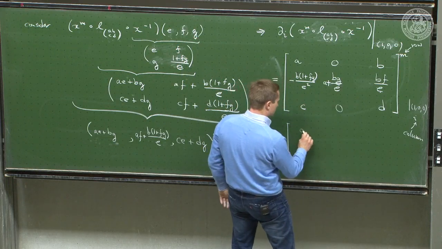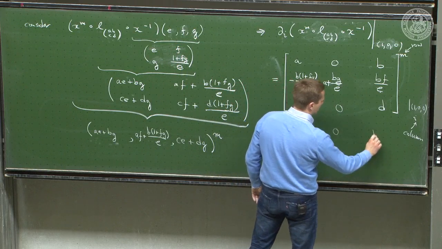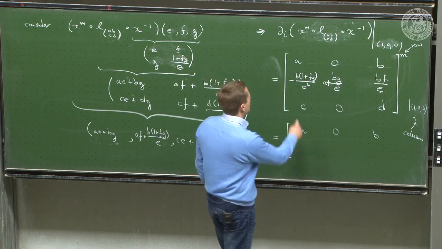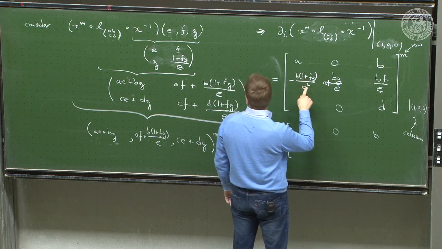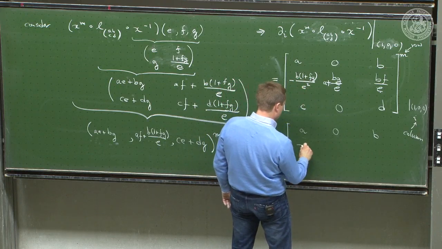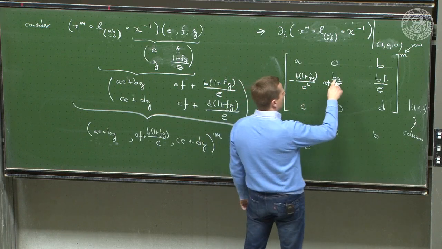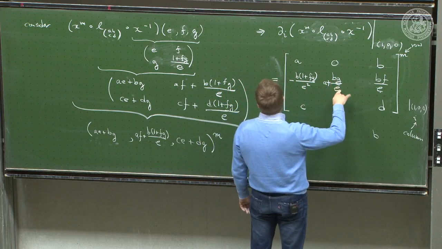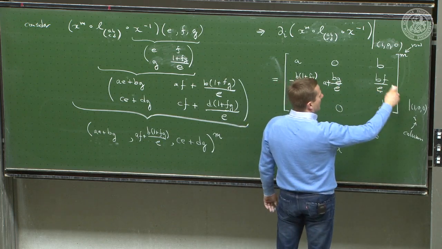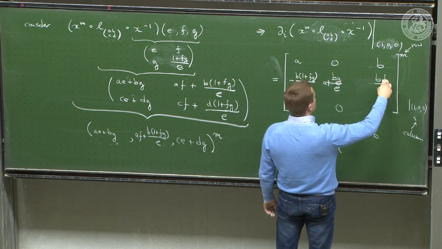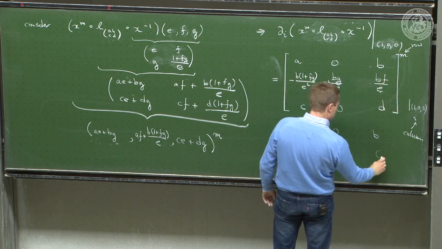Okay, so we have A, 0. B times 1 plus 0 is B by 1 is minus B. E is 1. G is 0, it's just an A. E is 1, F is 0, is nothing, 0.